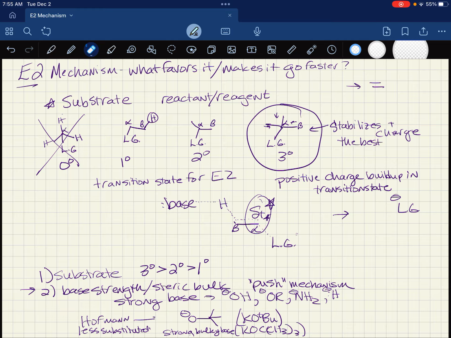And that's because it's so bulky that it makes it hard to get into the proton to make the more substituted alkene. Also, when we have these strong bulky bases, this is also going to encourage E2 over SN2.